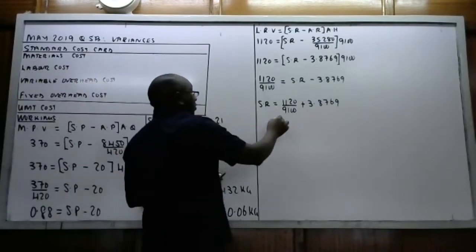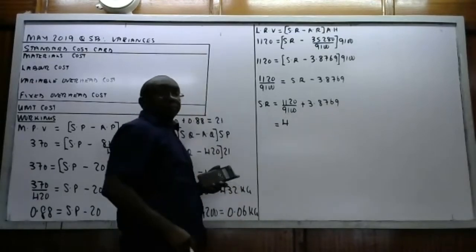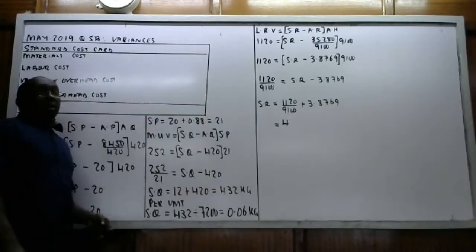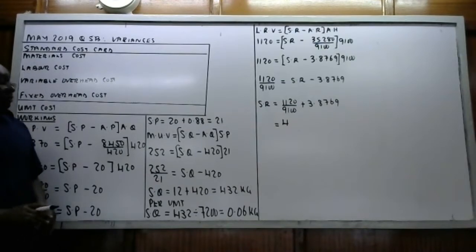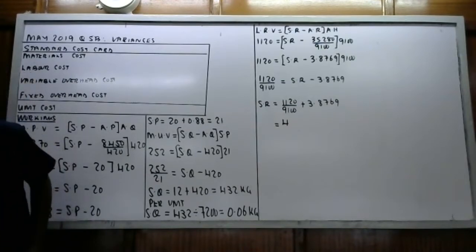I'm getting 4 shillings. The standard rate is 4 shillings.